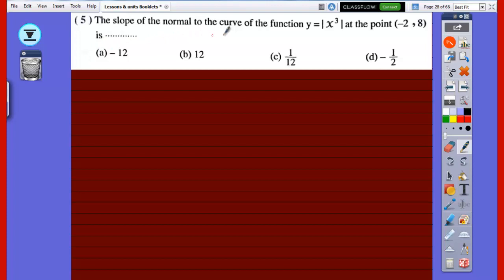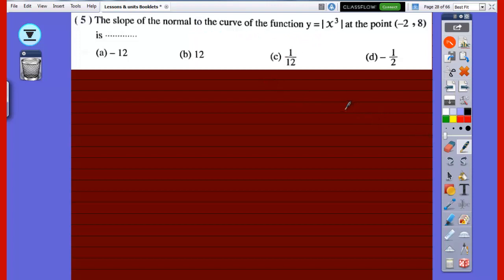Question number 5. The slope of the normal to the curve of the function y equals the absolute value of x to the power 3 at the point (negative 2, 8) is... Again, the requirement is to calculate the slope of the normal to the curve of the function.